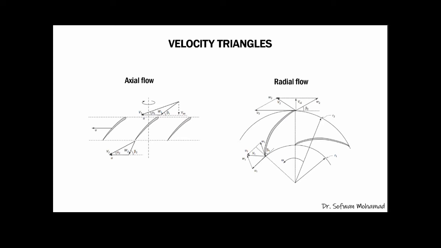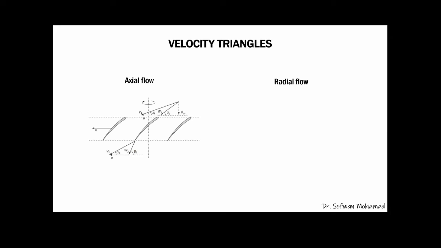For axial flow, it's very similar to steam turbines, and for radial flow, it's a little bit different. So you can look into this diagram later on. I repeat a little bit: the reaction turbine we can divide into axial flow type and radial flow type.